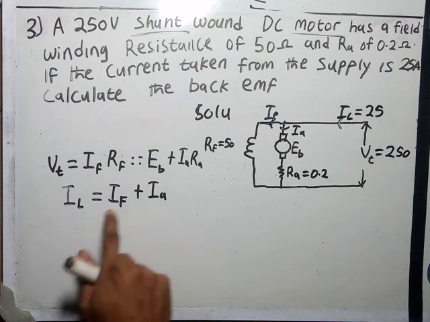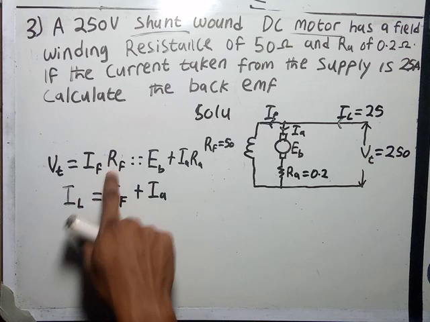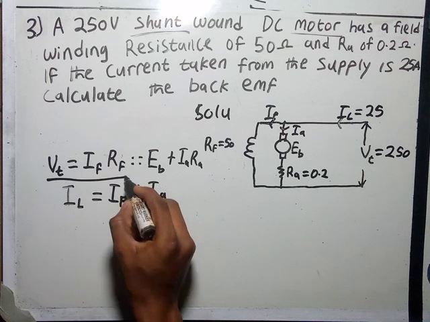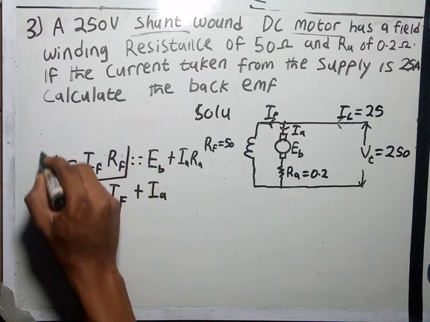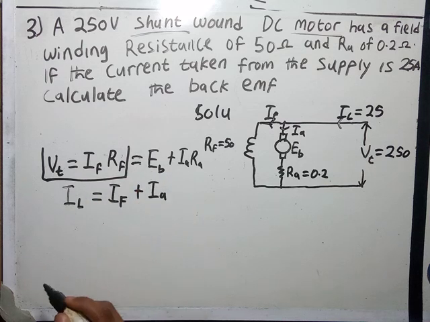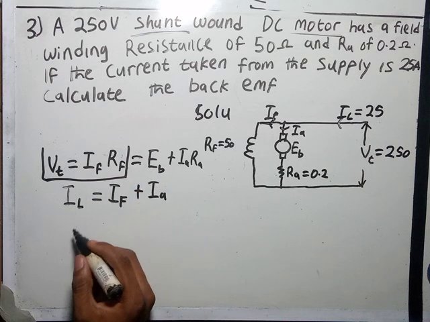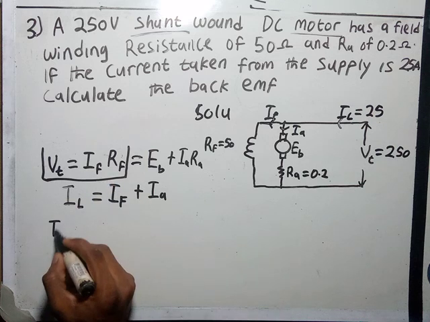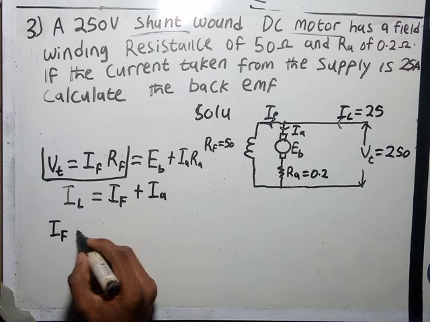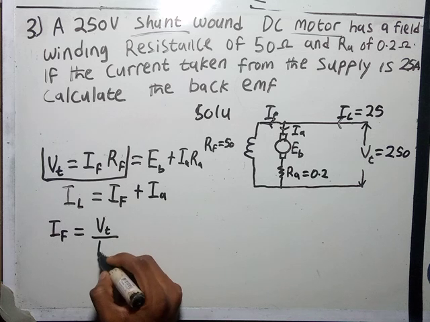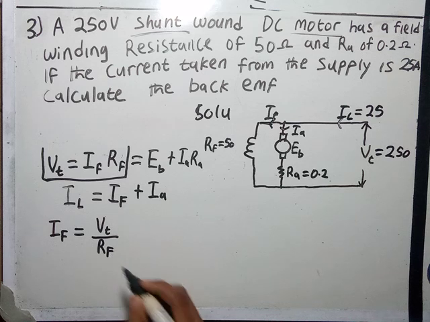There is a way we can get our IF. We are given RF. Using this portion of the formula, we're trying to get IF. So IF is equal to VT over RF.